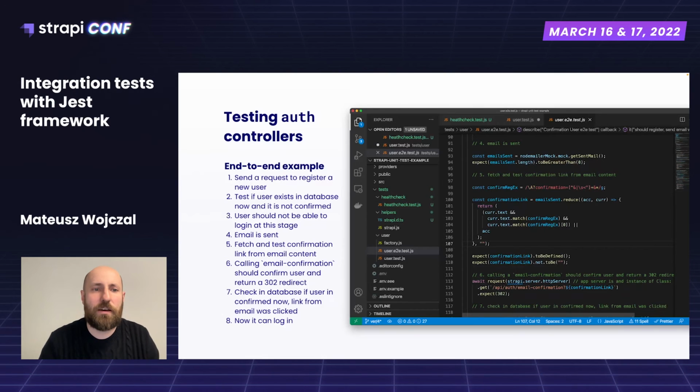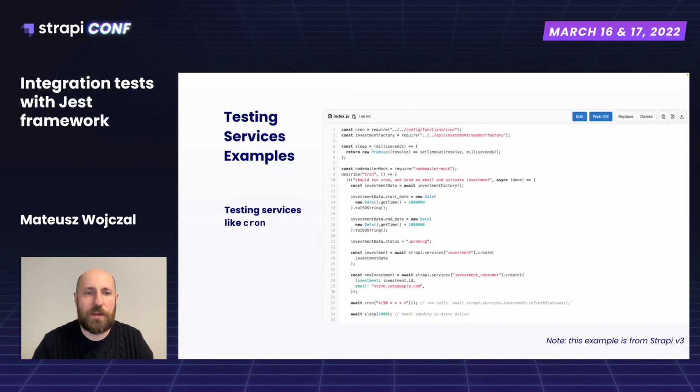I should fetch and test the confirmation link from that email. Then I should be able to call the email confirmation endpoint with the code from the email content, which should redirect with HTTP status 302. And then the database user should be confirmed now. And the last step is I should be able to log in now.